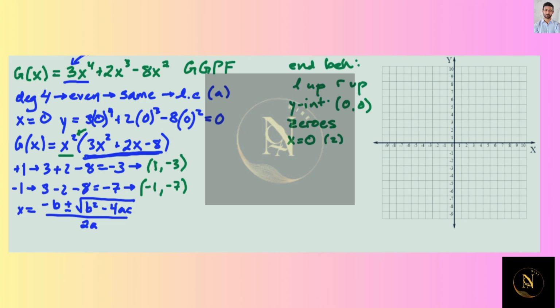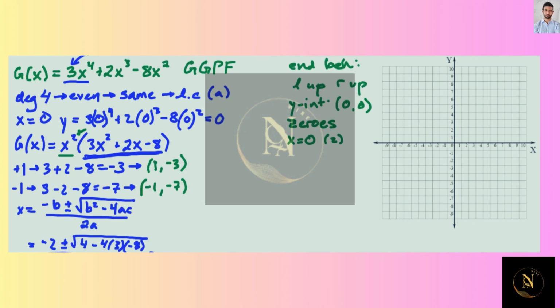Filling in the values of my equation, negative 2 plus or minus the square root of 4 minus 4 multiplied by 3 and negative 8, and all of this divided by 6.